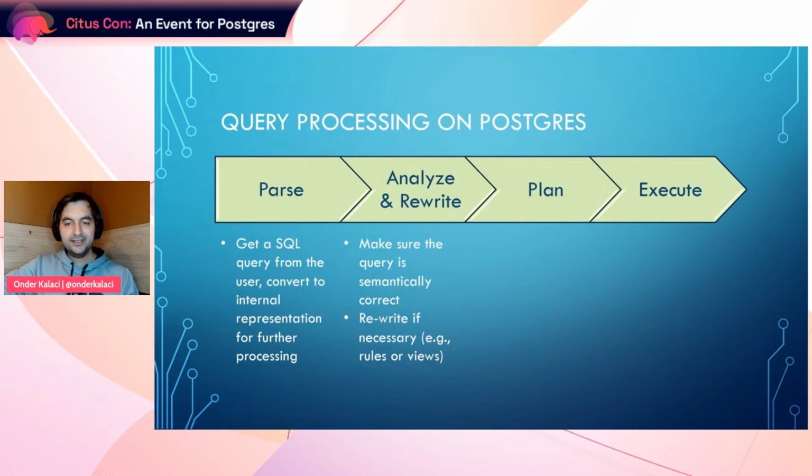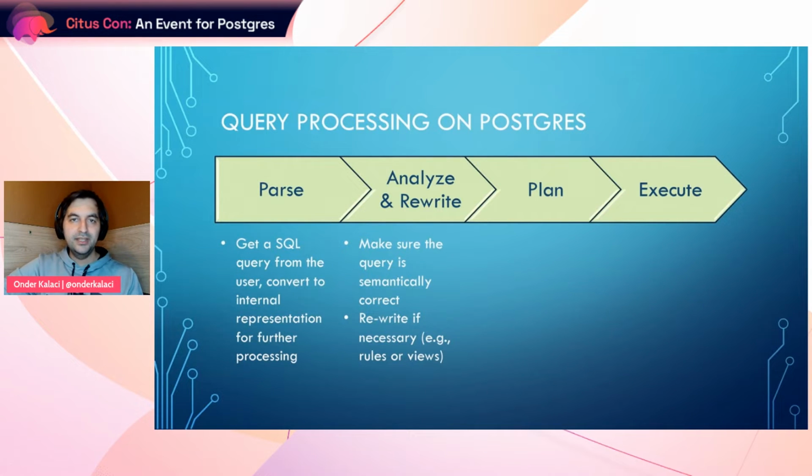The second stage is called analyze and rewrite. Analyze is mostly making sure that the query is semantically correct. For example, if a user tries to select from a non-existing table, Postgres will complain that this table does not exist. Similarly, the where clause of the query should be a Boolean value, returning either true or false for a row, so that Postgres returns that row or not to the user.